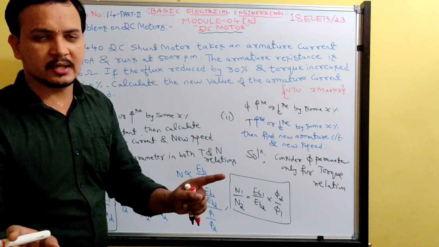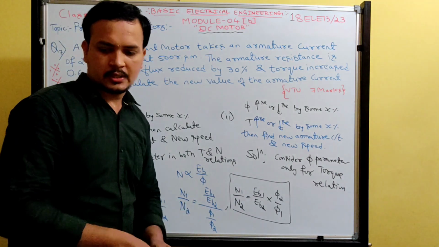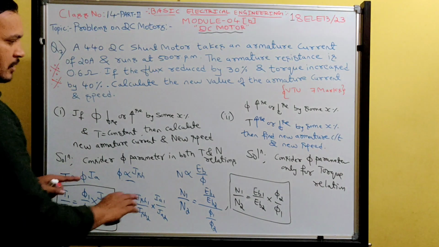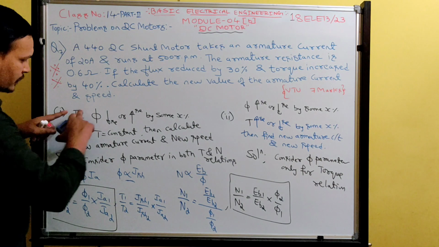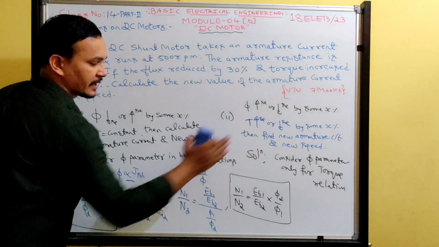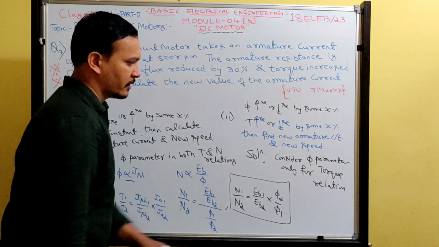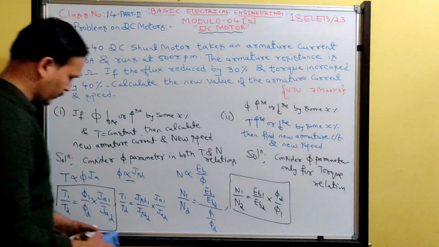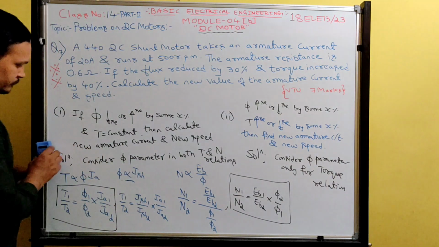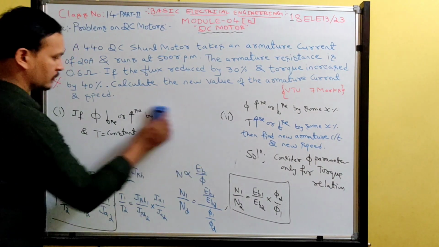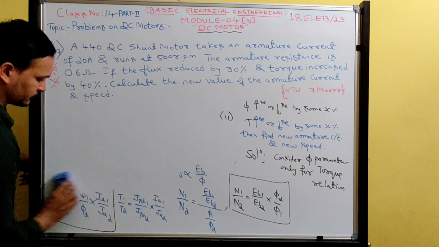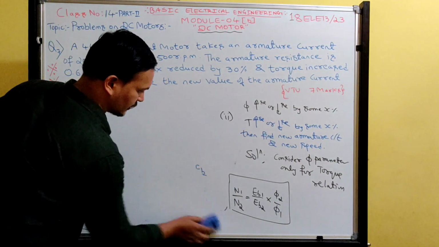Don't consider flux in speed relation. Got it? So guys, pause it and then copy down this entire part. This will be the second part. Okay, I am going to write relations now. Pause the video and then copy down.